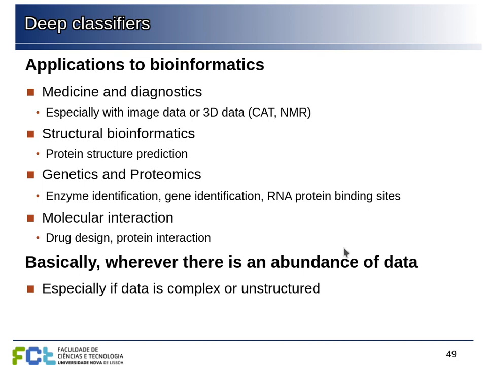So basically, wherever in bioinformatics we have an abundance of data, and especially if this data cannot be easily structured in tables, which is what you need for classical machine learning.